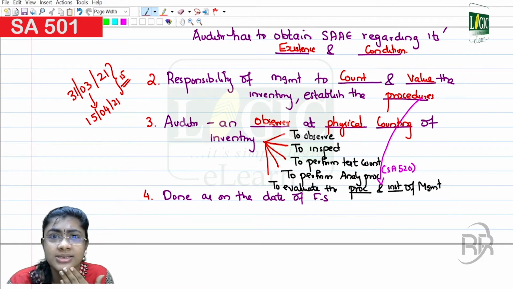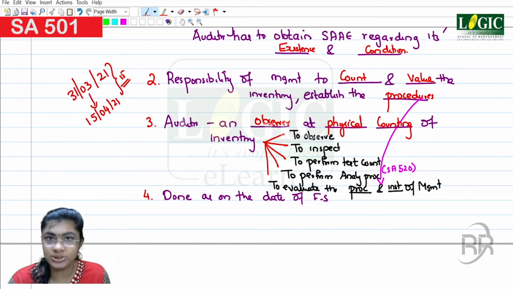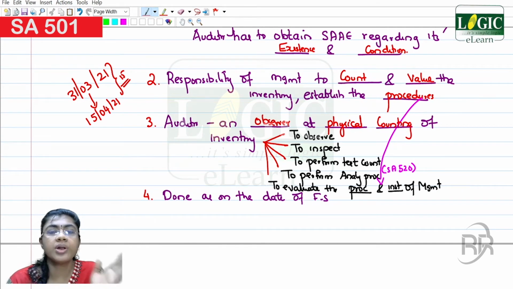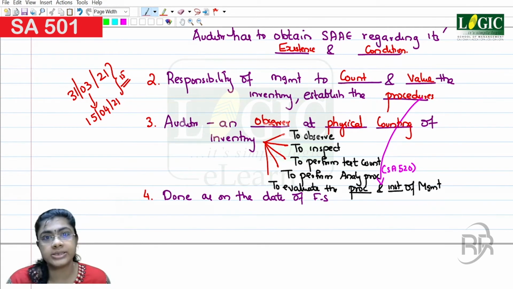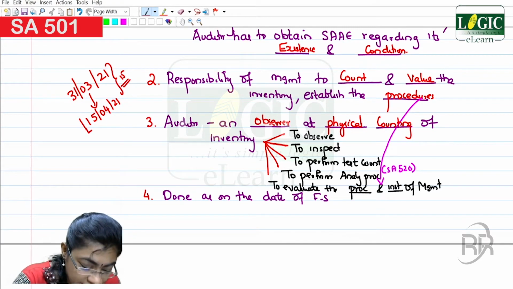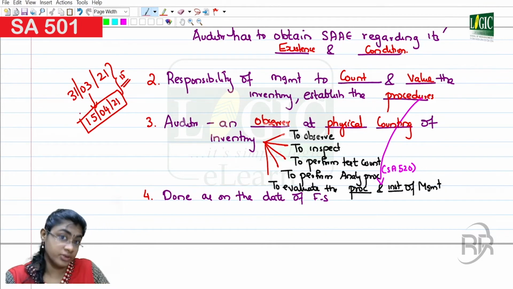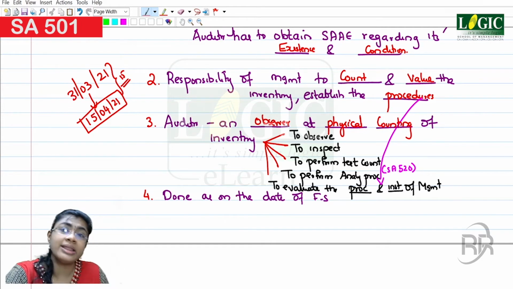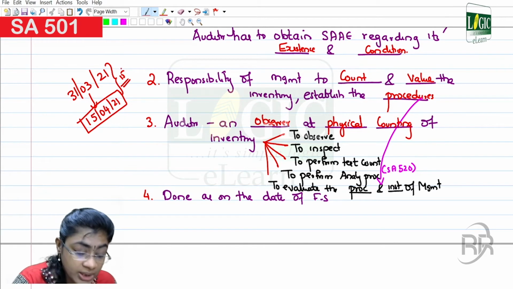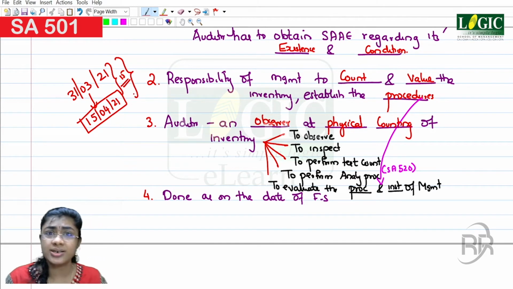What circumstances? Unforeseen circumstances. We could not attend the inventory counting as on the date of FS. Then you will be performing on a date after or other than the date of FS. What should you do? These 15 days' transactions, can't you adjust?